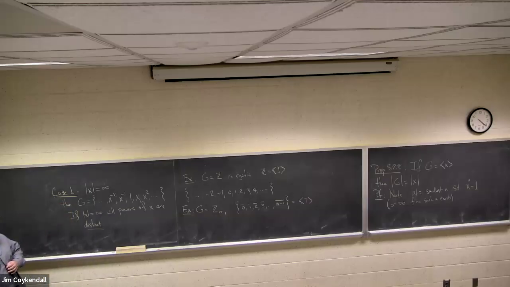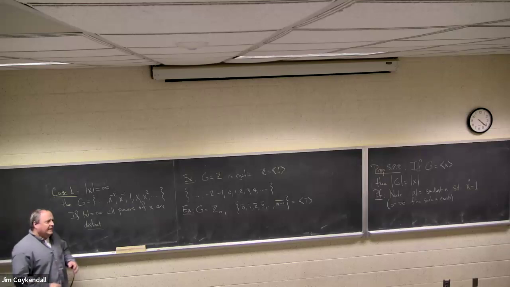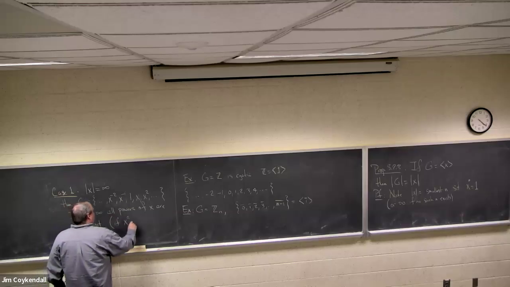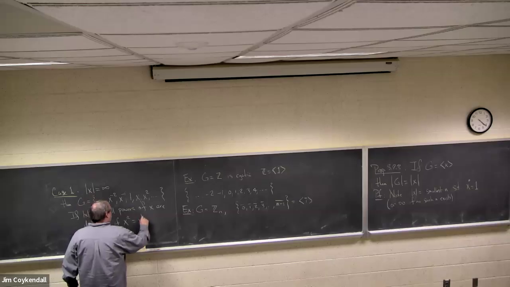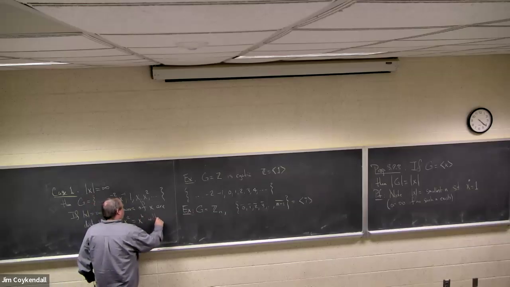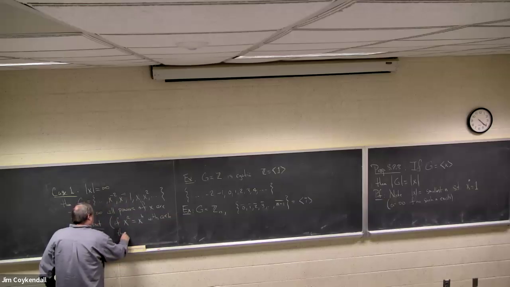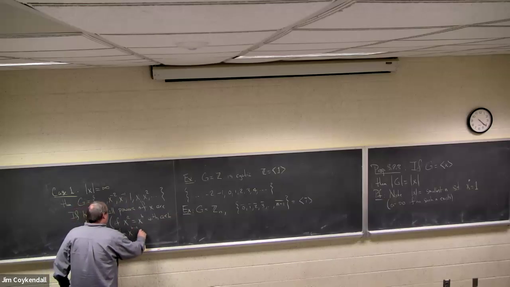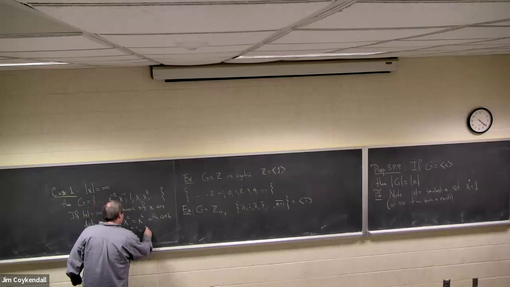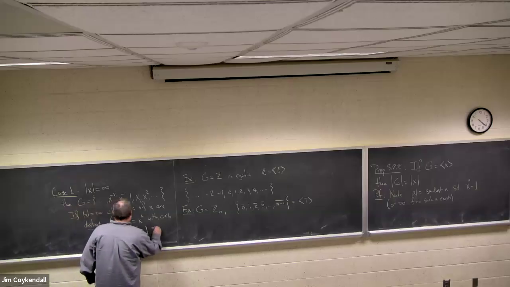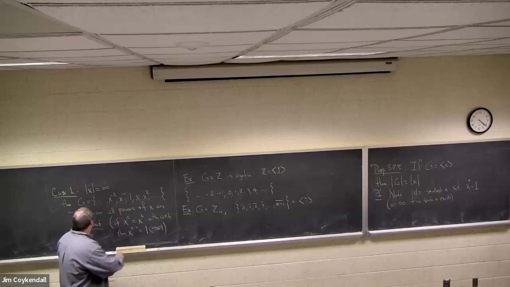If the order of x is infinite, then all powers of x are distinct. Because, let me point this out, if x to the a is equal to x to the b with a less than b, then x to the b minus a is equal to the identity, which is a contradiction because the order of x is infinite.